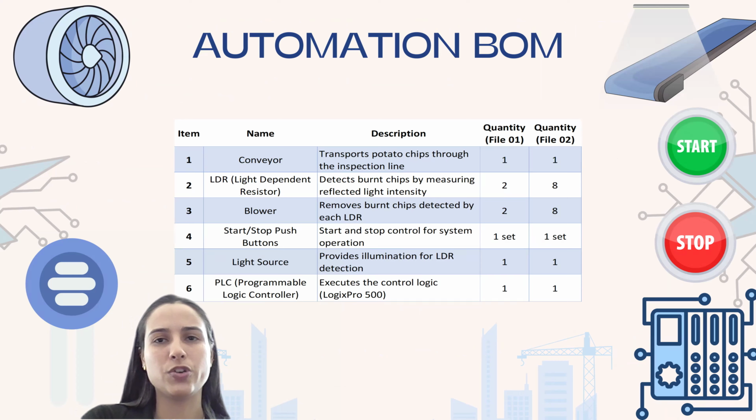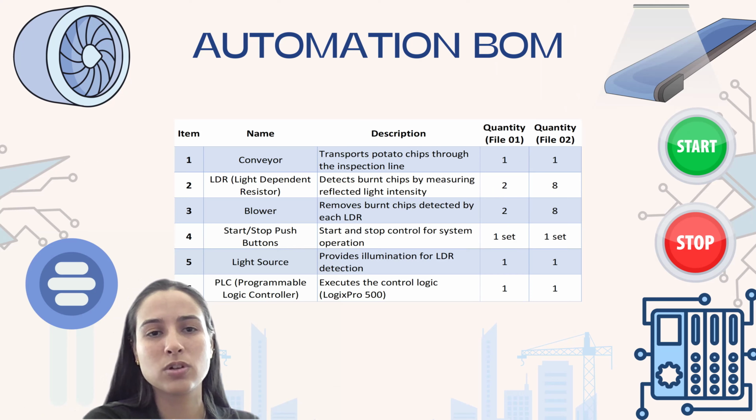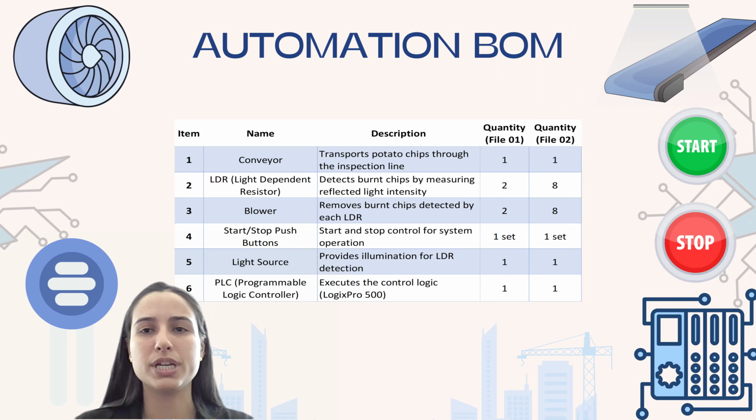These are the materials presented for the project, which include the conveyor, the LDRs, the blowers, the start and stop push buttons, the light source, and the PLC. In file 1, we only have 1 conveyor, 2 LDRs, 2 blowers, 1 set of start and stop push buttons, and 1 light source with 1 PLC.